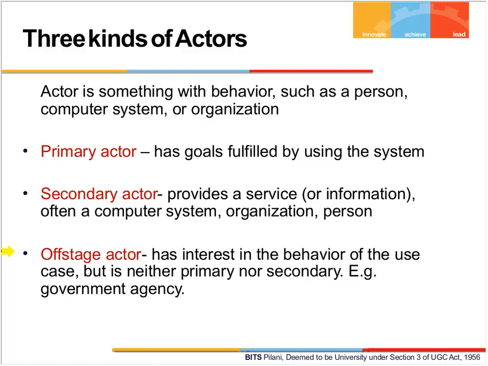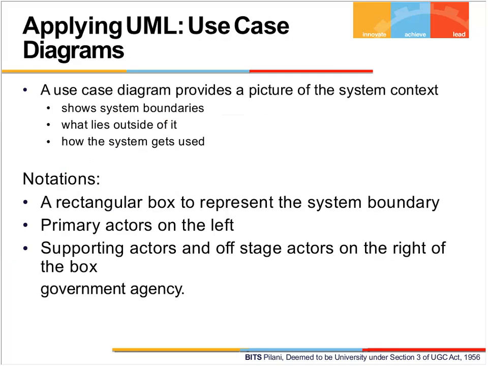This is an actor who has an interest in the use case, in the system, because again, he's a stakeholder. But this particular offstage actor might not directly interact with most of the use cases. Okay, we'll move ahead as we see more notations.